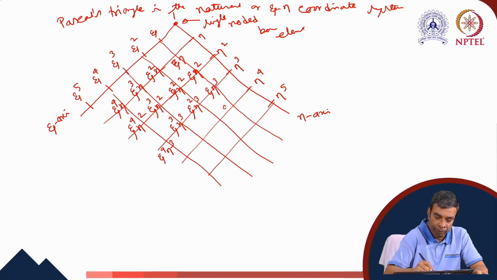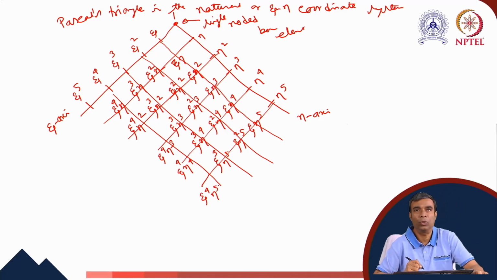Then here we have xi eta to the power 4, xi square eta to the power 4, xi cube eta to the power 4, xi to the power 4 eta to the power 4. Here we get xi eta to the power 5, xi square eta to the power 5, xi cube eta to the power 5, xi to the power 4 eta to the power 5, and so on.